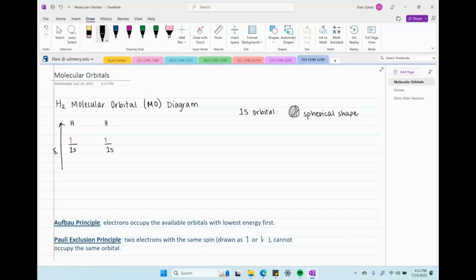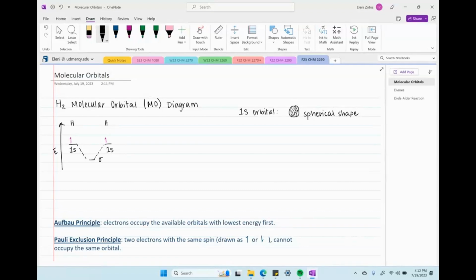As long as the electrons are in the same phase, and that's often demonstrated with shading, then the 1s orbitals from each individual hydrogen atom will overlap and they will form a molecular orbital. Now, bonding orbitals are always lower energy.